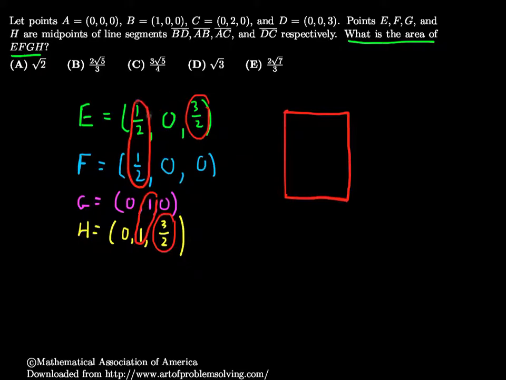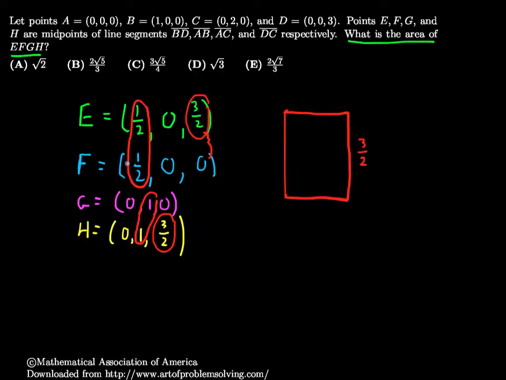In this one, the side length here in the z-axis is from 0 to 3 halves, so that's going to be 3 halves. Now for the other part, we need to use the Pythagorean theorem to find the other side length, because as these change from 1 half to 0, these change from 0 to 1.